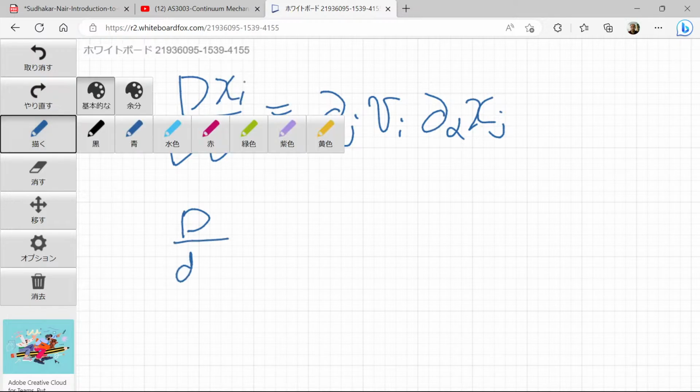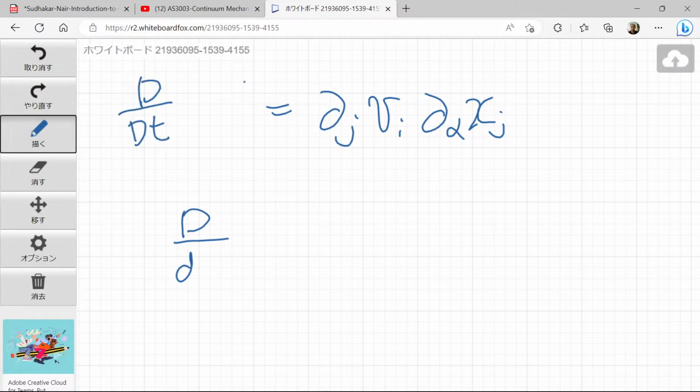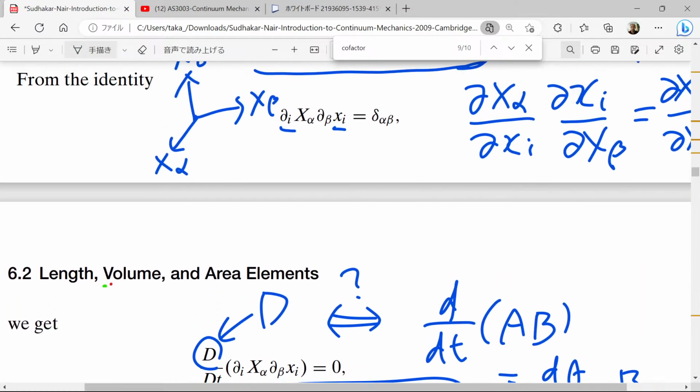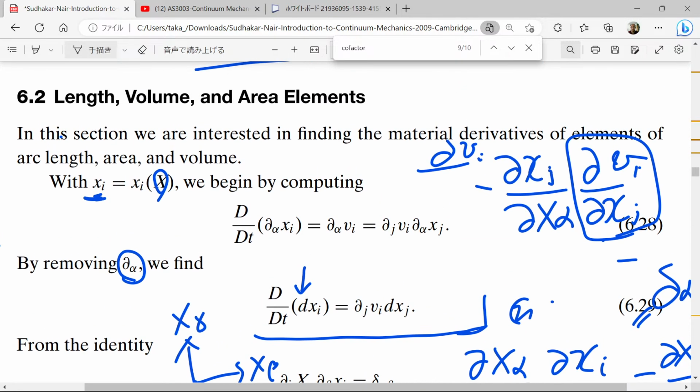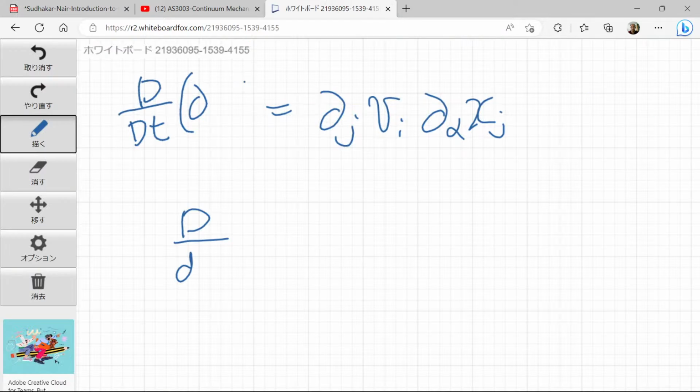I'm sorry, this is not x_i. This is d/dt partial, I forgot. I'm sorry. Alpha small x_i, partial alpha small x_i, this is this.